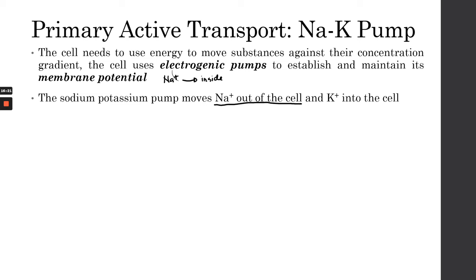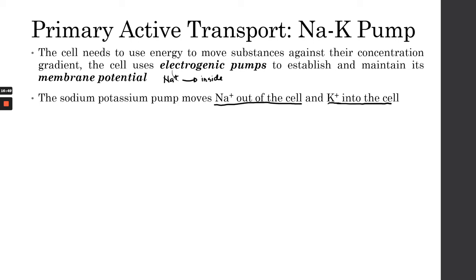Potassium mas mataas sa loob ng cell, and the reason for that is because of the sodium potassium pump. Potassium ions would always go into the cell, and the chemical gradient will push out this positive potassium outside of the cell.